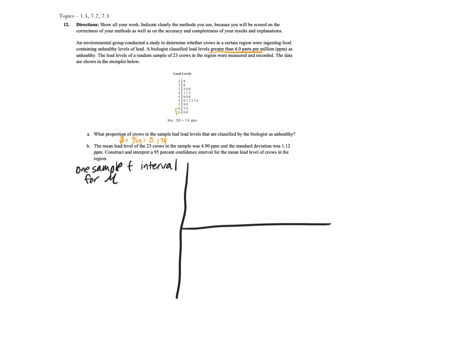Because they calculated a P hat in part A. Are you guys with me? Do you guys see that critical eye we need to look at these problems with? And it's so silly because it shouldn't be hard, but they make it hard. You guys get what I'm saying?